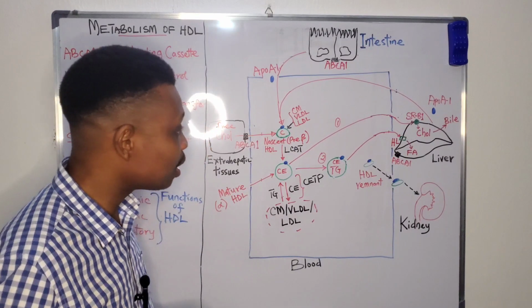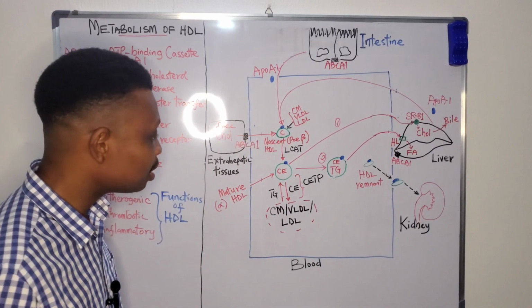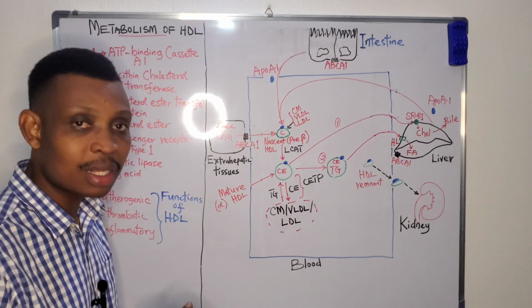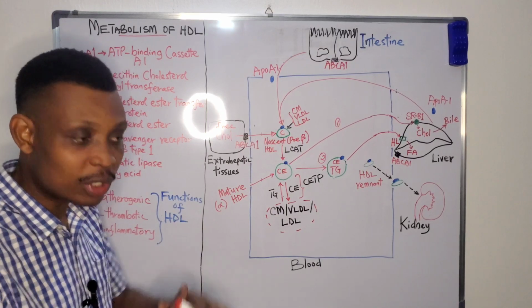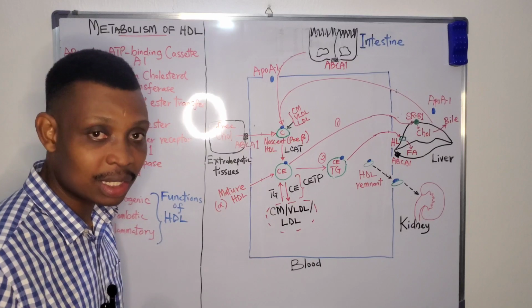That is number one. The second one is that it can associate with circulating lipoproteins that contain ApoB on their surface, which can include the chylomicron or very low density lipoprotein.